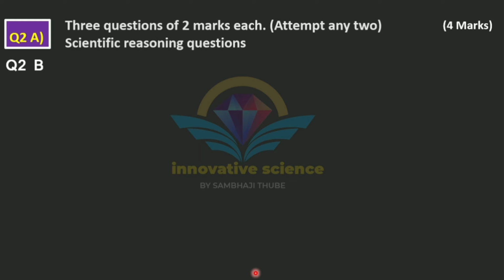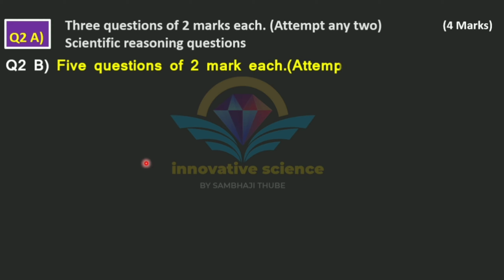In question number 2B, there are 5 questions and you have to attempt any 3, and each gives you 2 marks. Let's understand what kind of questions will be there in this question.